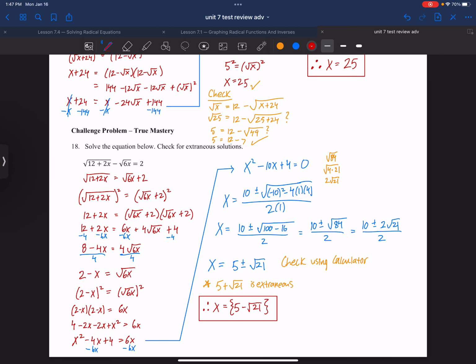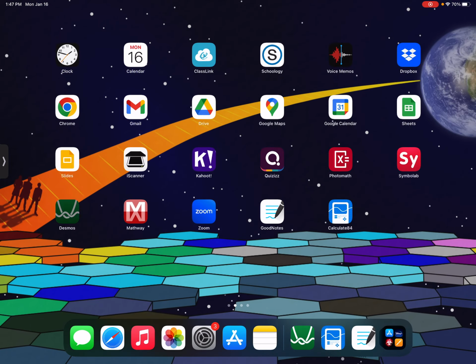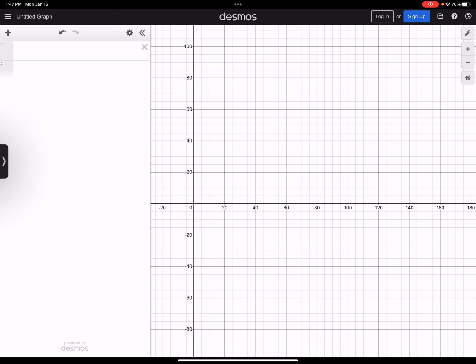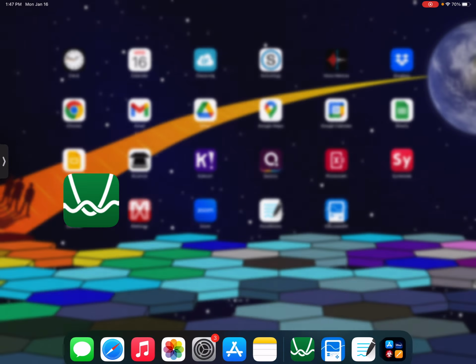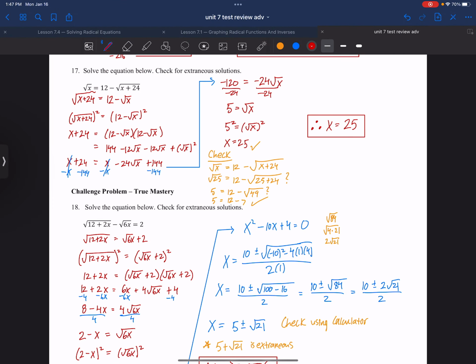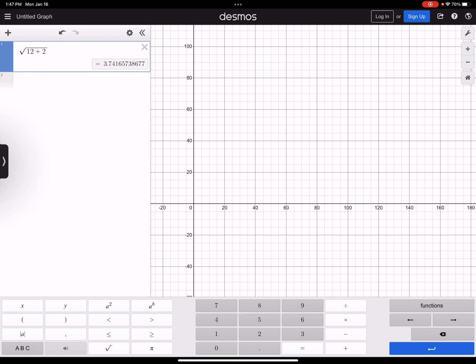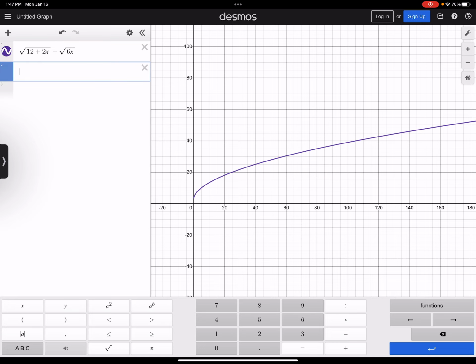Again, you can verify this in Desmos if you'd like. What did we say? It was square root 12 plus 2x. Plus 2x minus square root 6x, and we wanted to see where this was y equals 2.